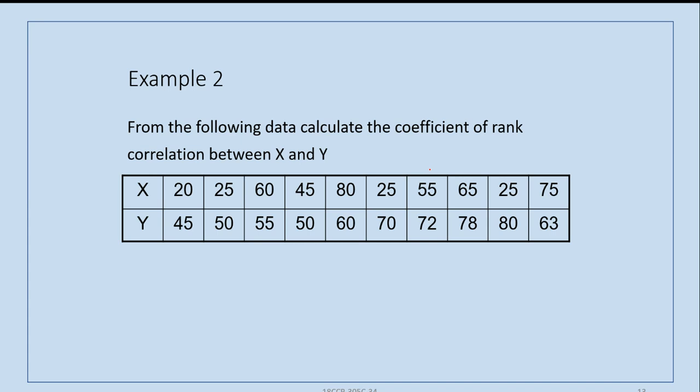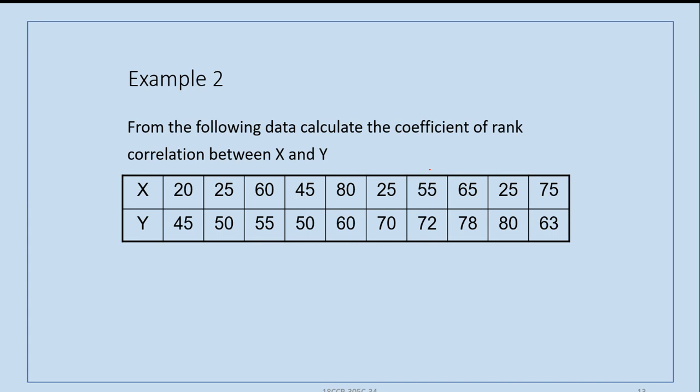So 45 is 1, 50 takes 2 and 3, 55 is 4, 60 is 5, 63 is 6, 70 is 7, 72 is 8, 78 is 9, and 80 is 10. Like this, we have to assign the ranks.